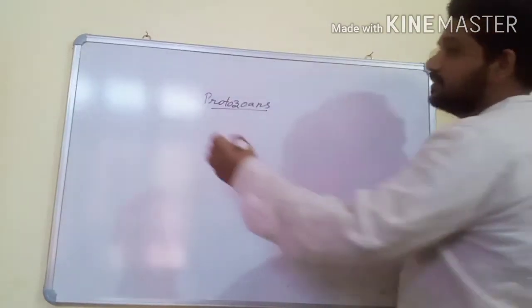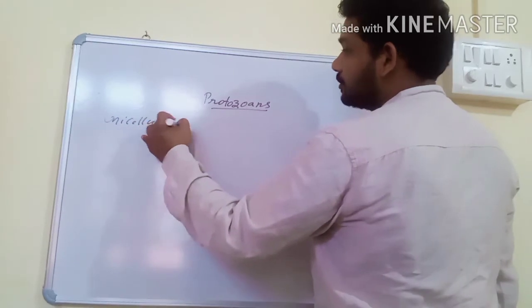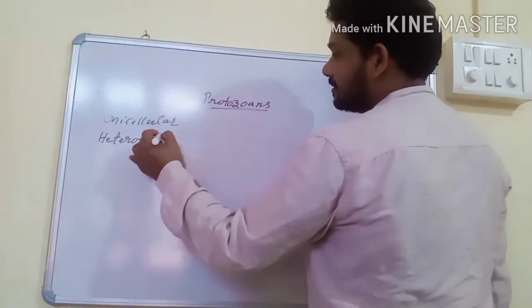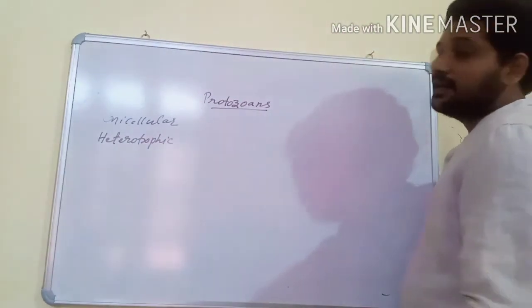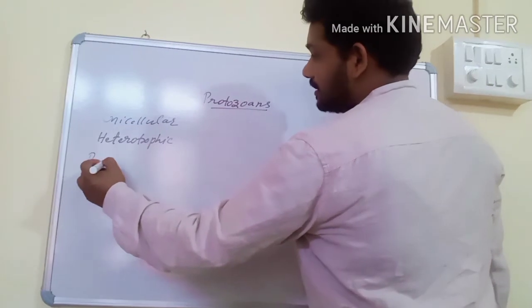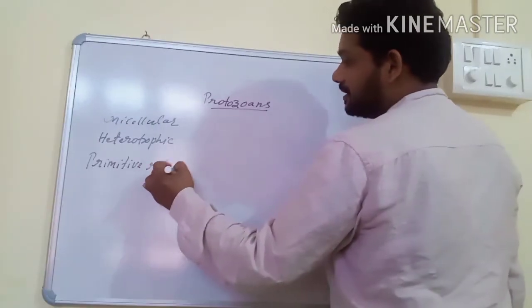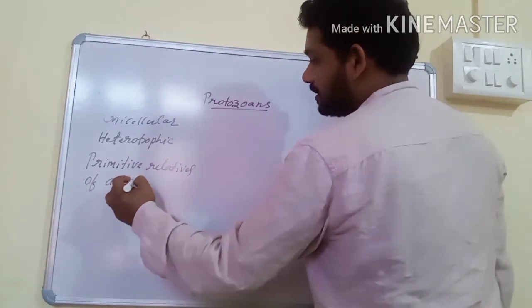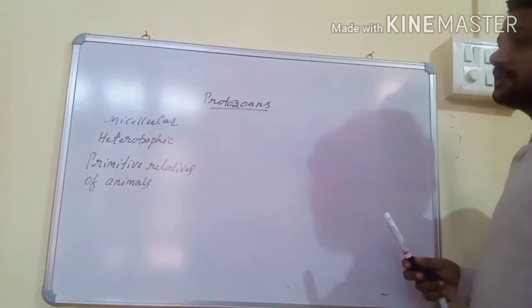Protozoans are unicellular organisms with heterotrophic nutrition, meaning they depend on other organisms. They are the primitive relatives of animals.